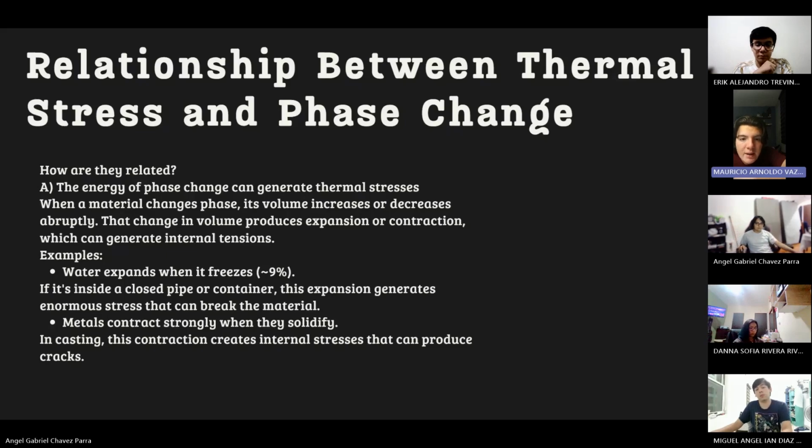If it is inside a closed pipe, this expansion generates enormous stress that can break the material. Metals contract strongly when they solidify. In casting, this contraction creates internal stresses that can cause cracks.